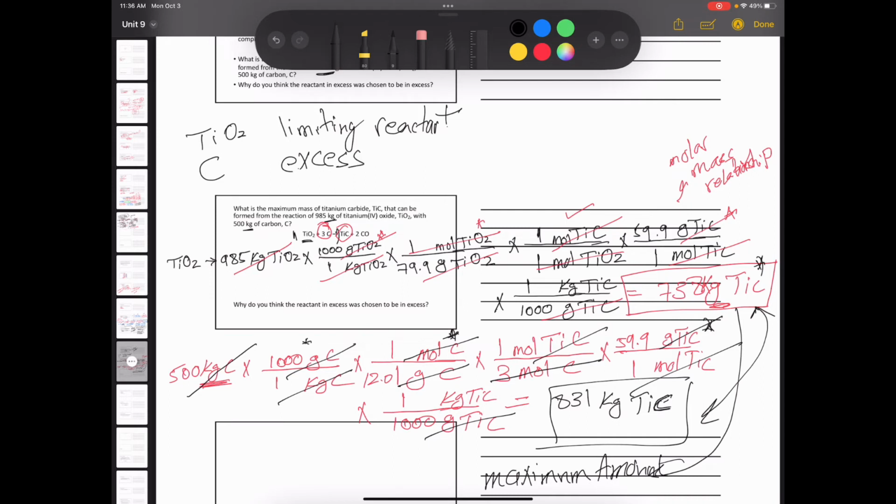The reason we have the carbon in excess is that carbon is usually easy to get rid of, either through burning, because you can always convert it into carbon monoxide and carbon dioxide.